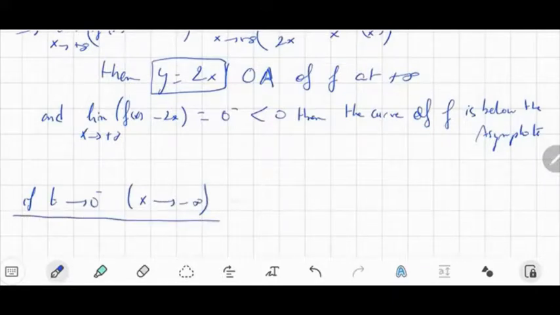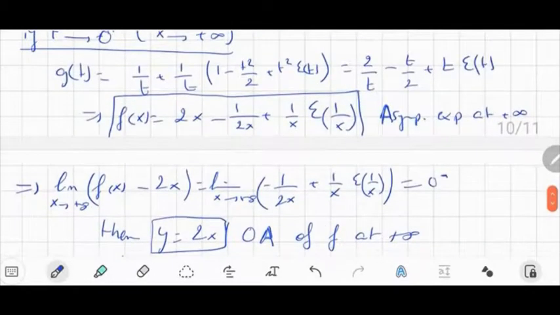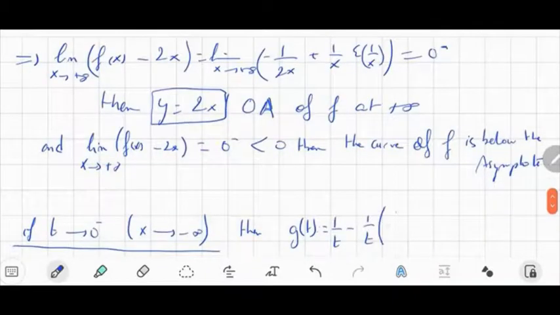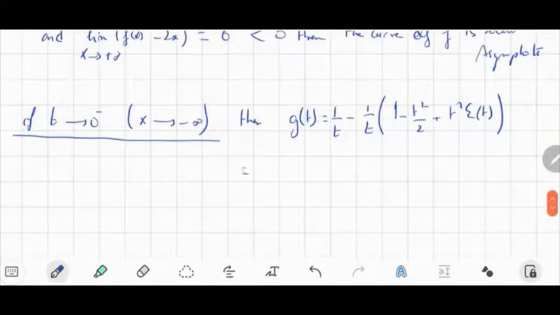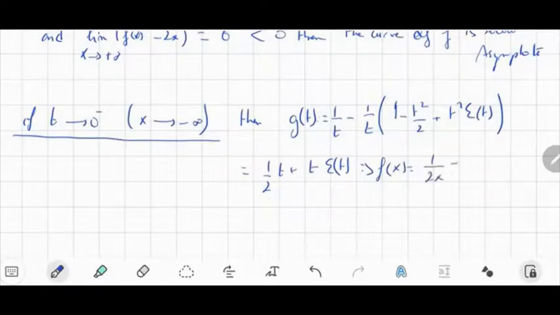In this case, g of t would be equal to 1 over t minus 1 over t times 1 minus t squared over 2 plus t squared epsilon of t, which will be equal to 1 over 2t plus t epsilon of t, which means that f of x will be equal to 1 over 2x plus 1 over x epsilon of 1 over x.